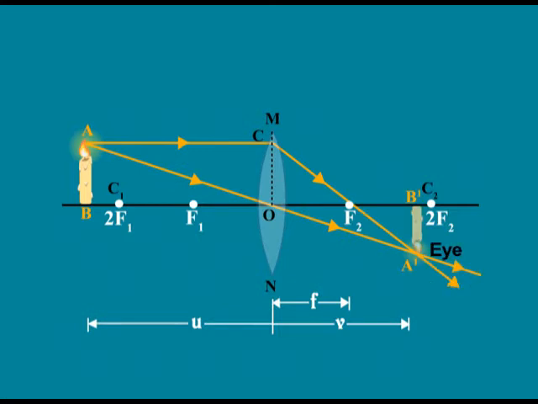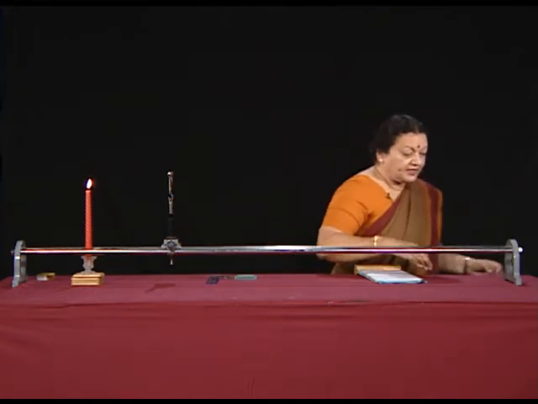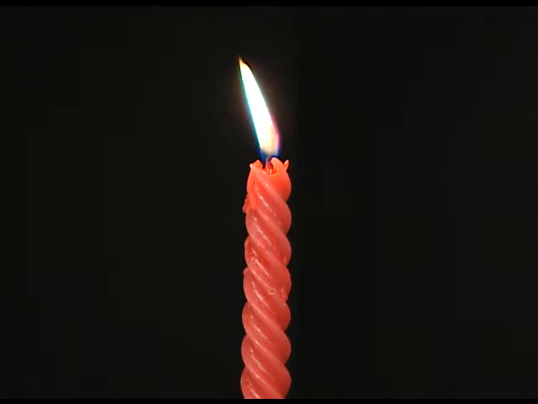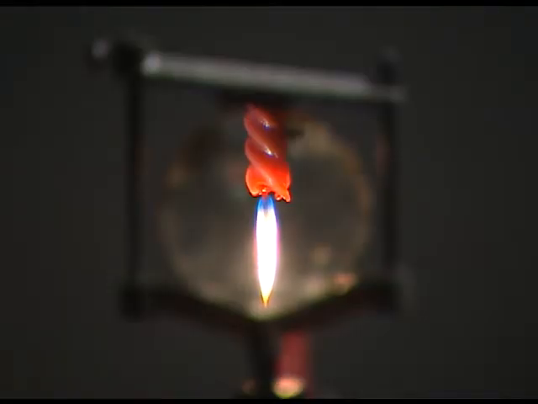If I look through this lens, I will not see the flame, but I will see the image of the flame. As I stand here, I am seeing the flame. But if I go here I have two options, one to look at the flame from here, which is the object, and the other is to look through this lens, and this will give me the image of the flame, because the rays coming from there create the image here, and those are carried to my eye.